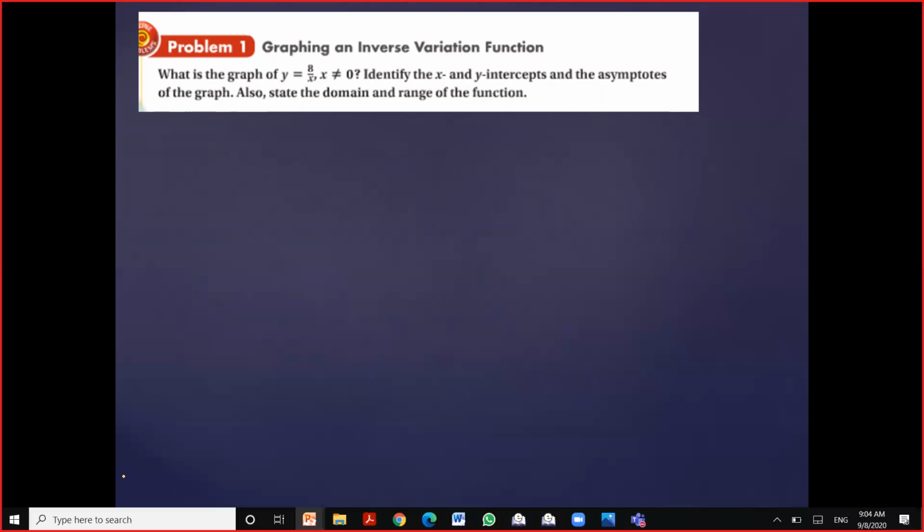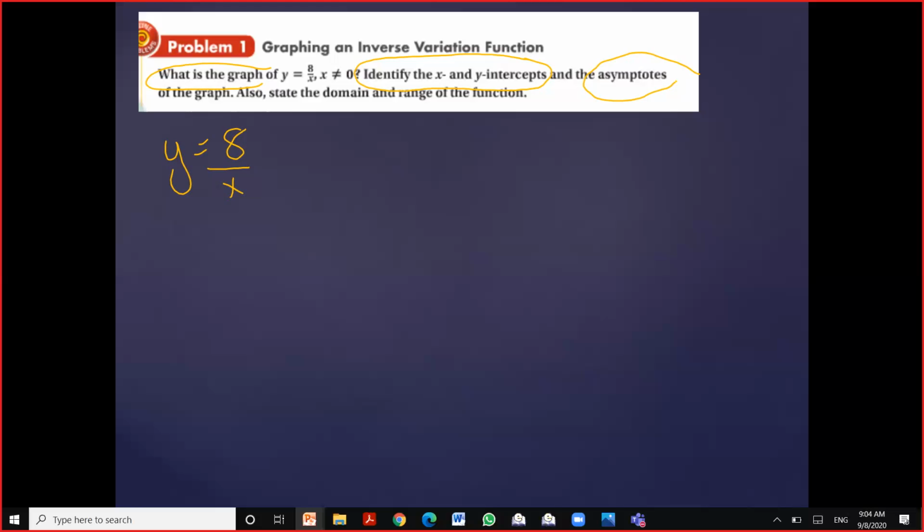Okay, now let's start. If we have y equals 8 over x, I want to sketch the graph, identify the x and y intercepts, find the asymptotes of the graph, and state the domain and the range of the function.